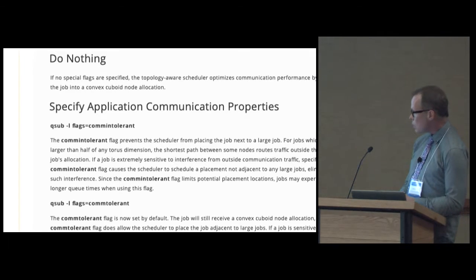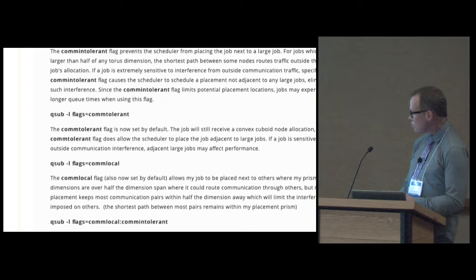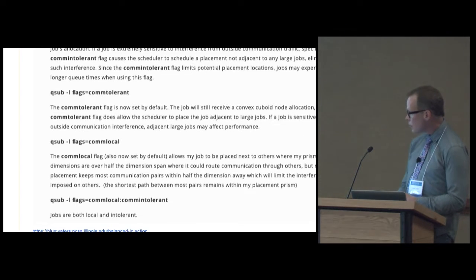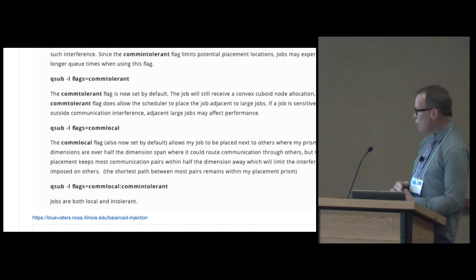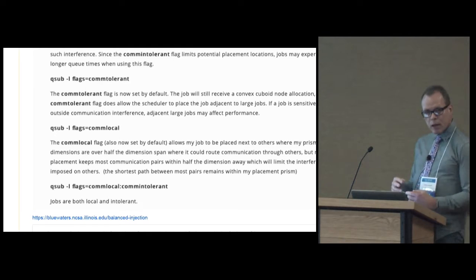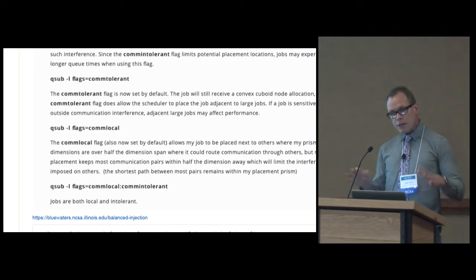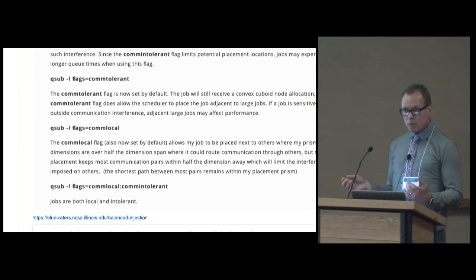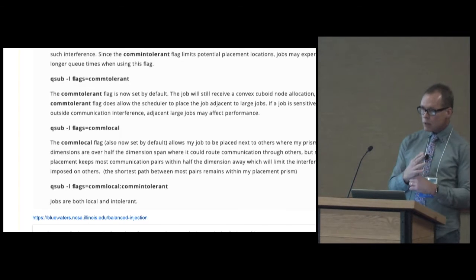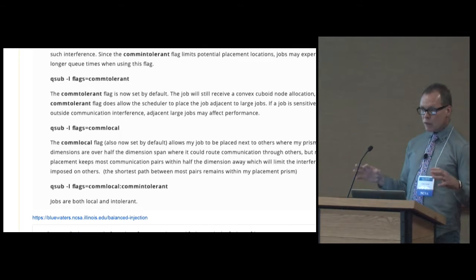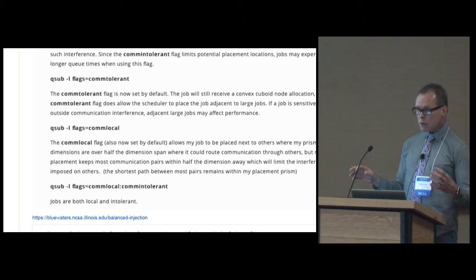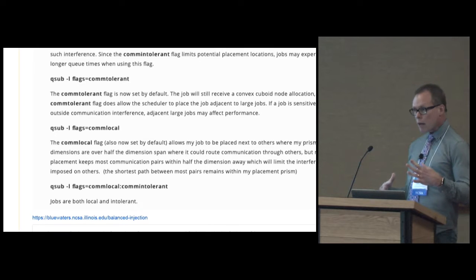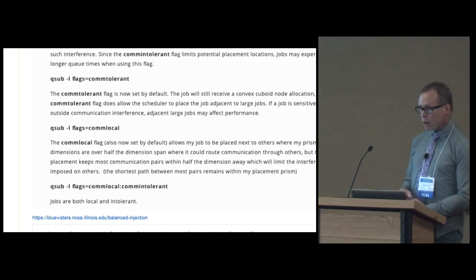So there's the description of that. I've got quite a variety of ways of indicating that my job is, let's say, not communicating too much. Maybe it's only got a handful of collectives, so I don't mind if other jobs run through me. Or I might have a job that's very chatty with a lot of point-to-point, so I don't want other jobs being placed where they'll have a lot of network traffic through my part of the torus.